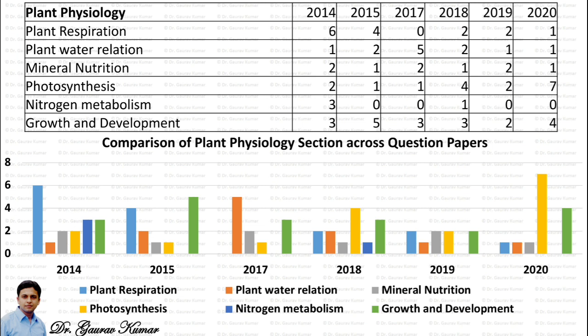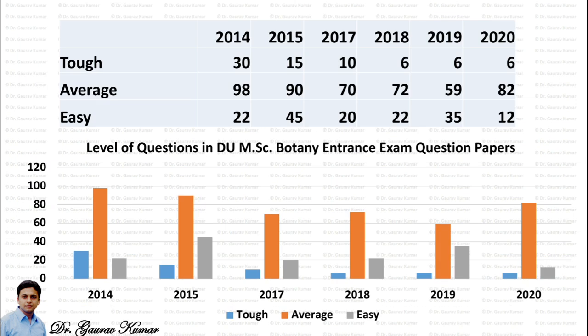So if I classify all these 2014 to 2020 question papers on a scale of tough, average, and easy, see, this is a very subjective thing, because it will depend on what type of student I am targeting. I am considering that you have attended all the classes, you have listened to your teacher properly, and you have attended the practicals and the various explanations given in them.